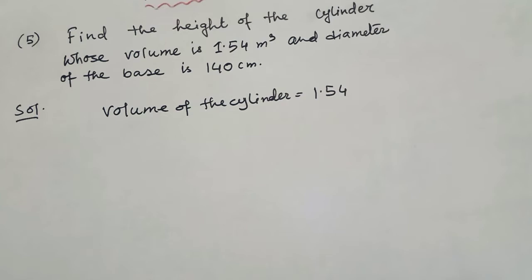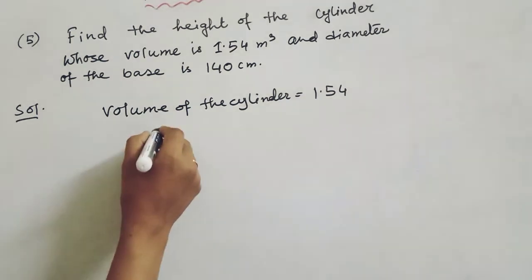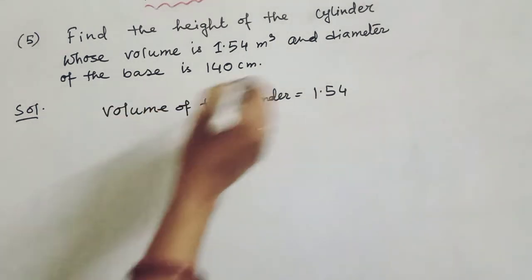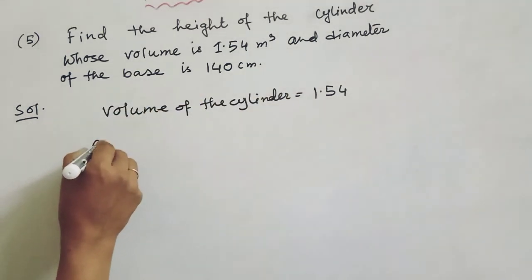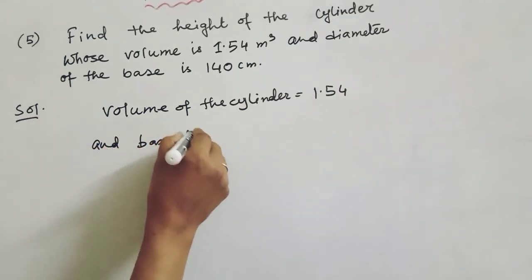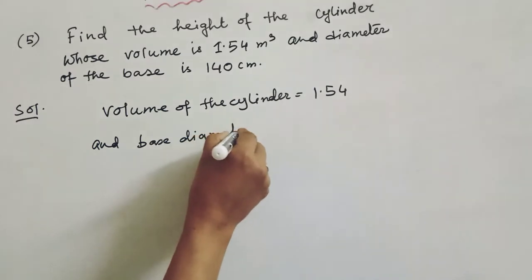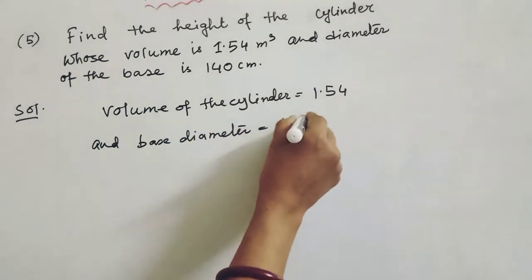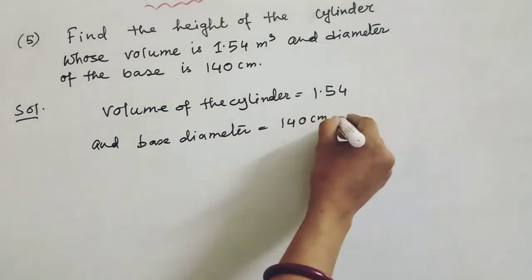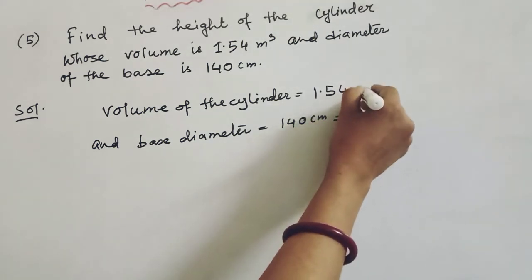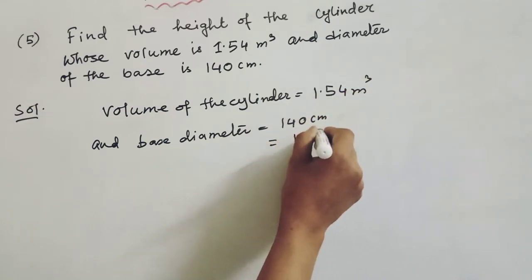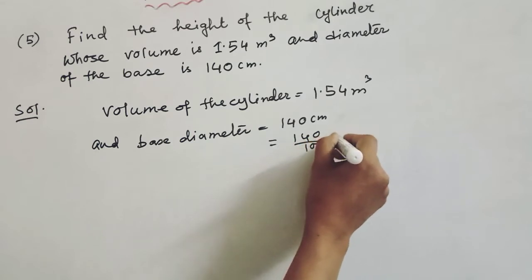Volume means, if I use the formula, pi r square h. It is given that volume is 1.54 meter cube and the base diameter is equal to 140 centimeter. If you convert it into meter, it will become 140 by 100 meter.